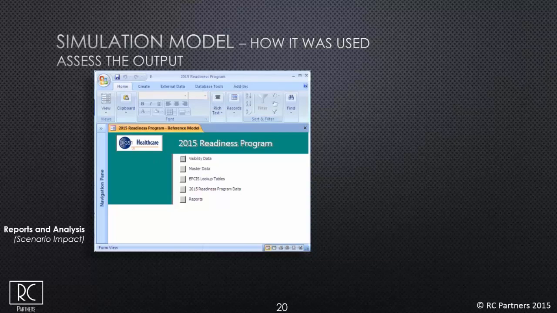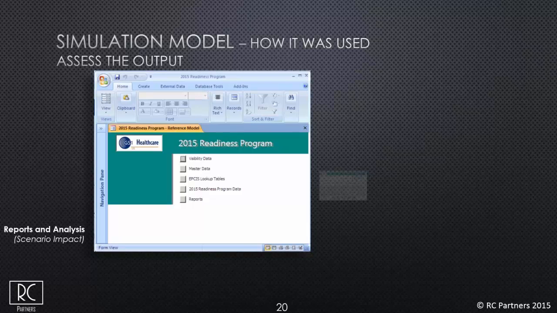And that allowed us to have a lot of flexibility in what we were reporting around what was taking place inside the simulation. So we could stop the simulation, pause it, take a look at what was going on, and either start it back up again or make some changes and start it again. And I'll show you how that all works together in just a bit.